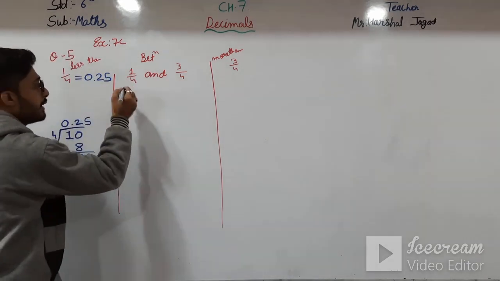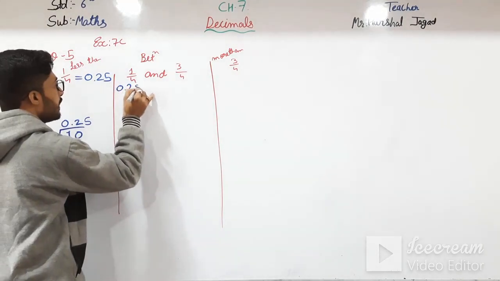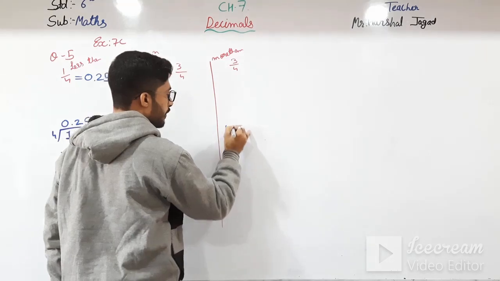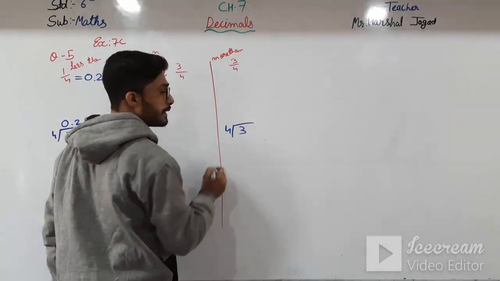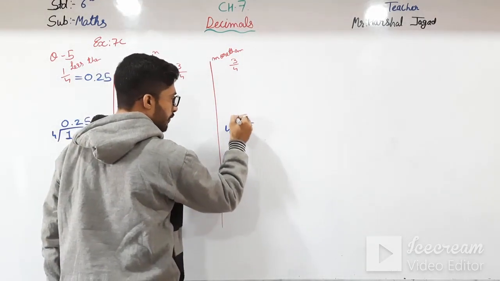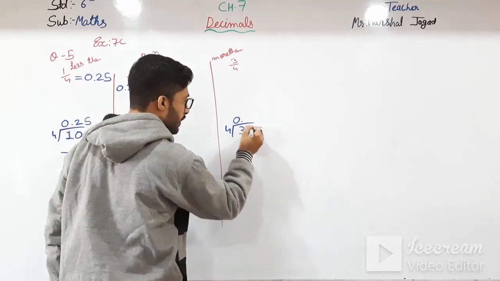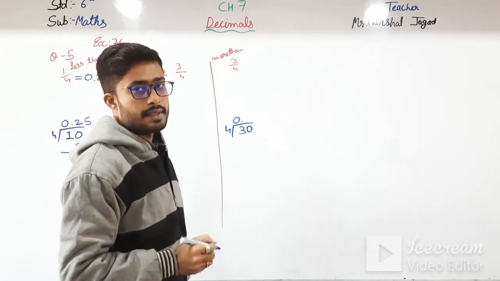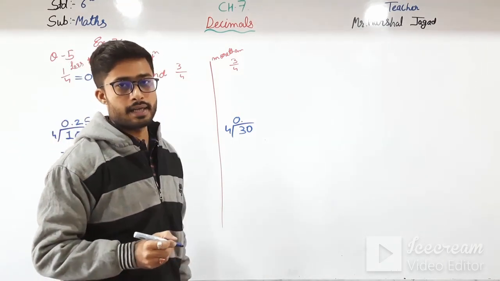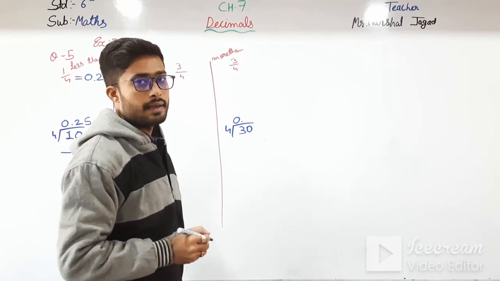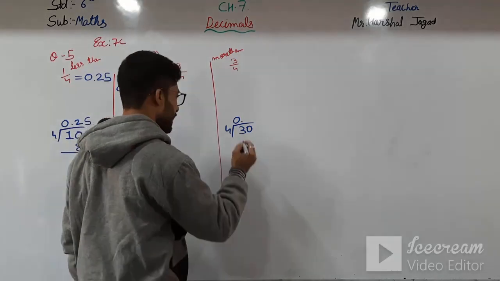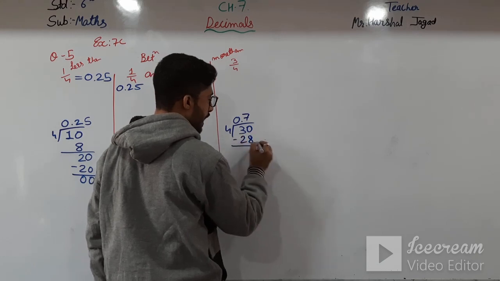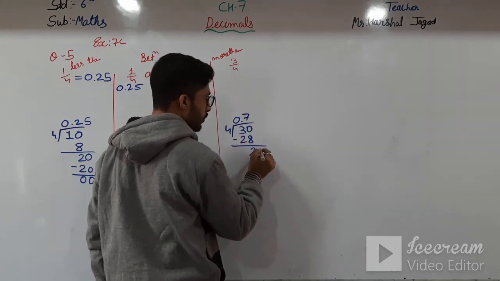So here, between 0.25 and 3 by 4. So I divide 3 by 4. First of all we have to put a point, so it will become 30. 4 7s are 28, and here it will remain 2.